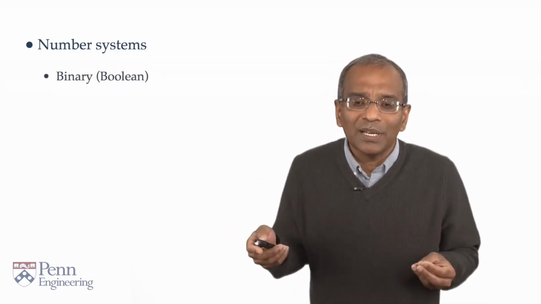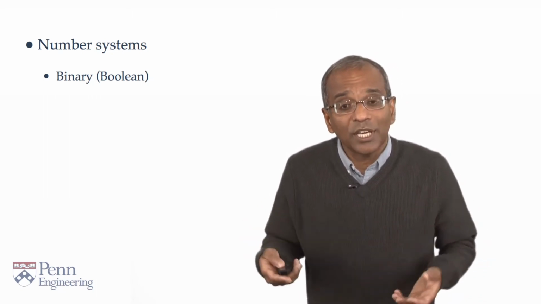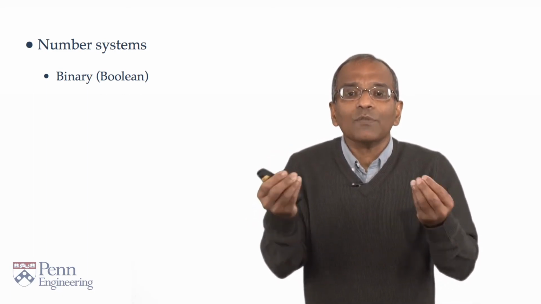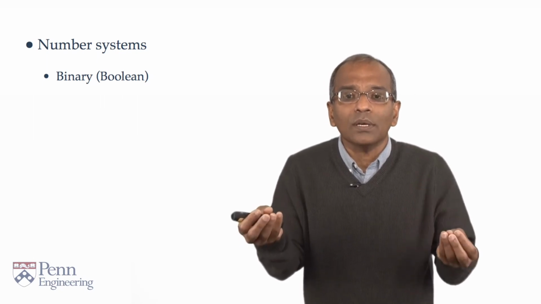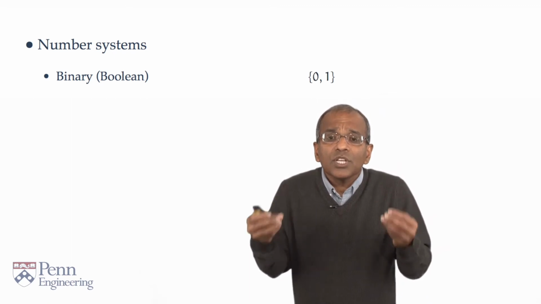So let's start with the very simplest collections. The simplest collection of numbers arises in the theory of logic, what is sometimes called Boolean algebra. It crops up routinely in modern-day binary digital communications, where the idea is that the basic element for describing objects is one of two letters, 0 or 1, false or true, yes or no. Now, if you put numbers around these, the simplest description is 0 and 1.